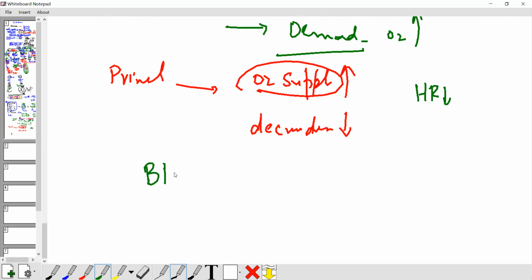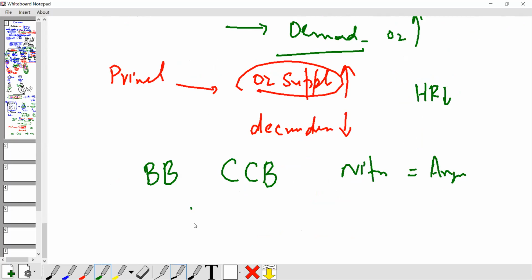Number one, beta blocker. Number two, calcium channel blocker. Number three, nitrate. What you give extra depends upon the situation. Clear? For any type of angina, you must give these.